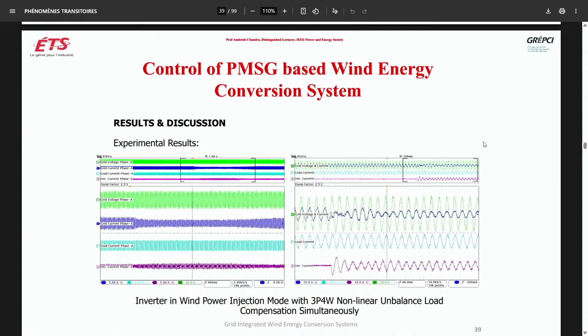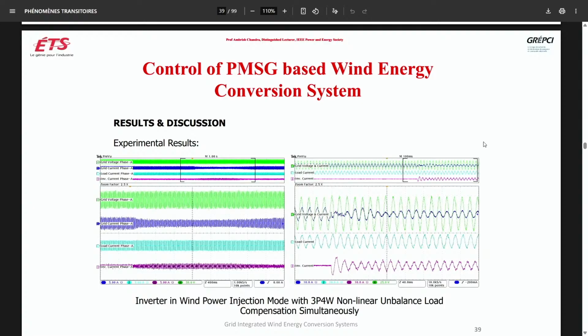So this is the grid voltage of phase A, grid current phase A, load current phase A, inverter current phase A. So if you see, let me explain it here, this is the grid voltage phase A, which is constant sinusoidal.